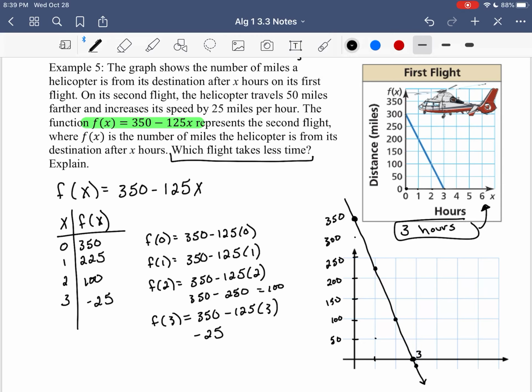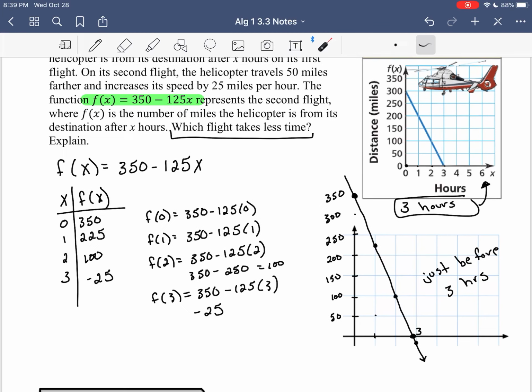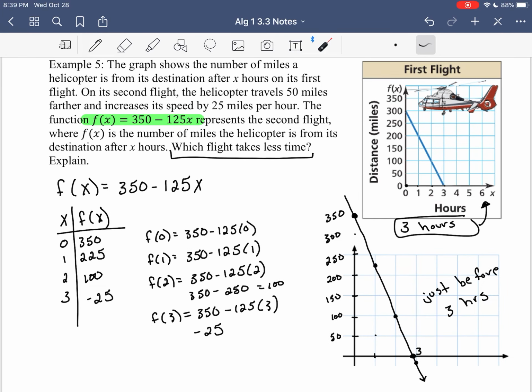So here, this one happens just before 3 hours. So it says which flight takes less time? Well, that would be the second flight, the one with the faster speed. Okay, which makes sense that you increased your speed, but you also went farther. So here we started up here at 350. This one we only started at 300.